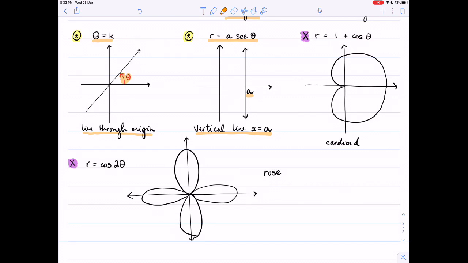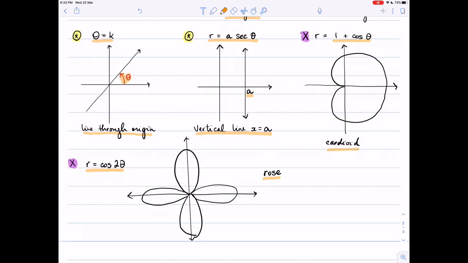Okay, that's the end of the ones that I'm going to assume that you know, but we did see the cardioid. The equation of the cardioid was this. It's important that you sort of recognize the form of a cardioid. I might use the word, but if I do, I'll give you the equation. And the same thing for the rose. There are many different kinds of roses.